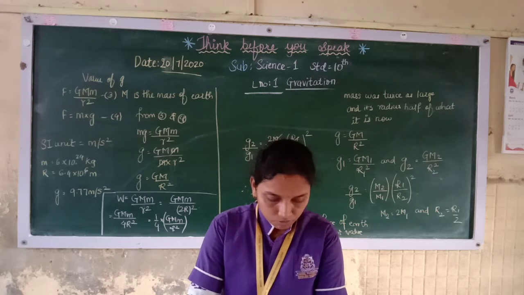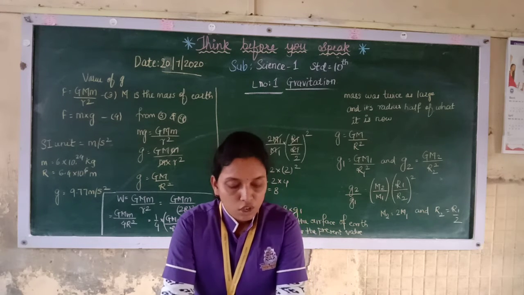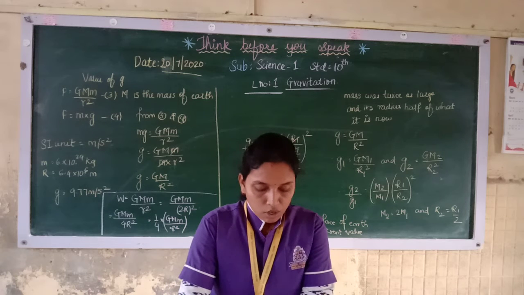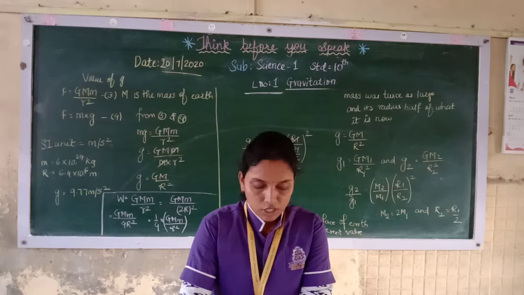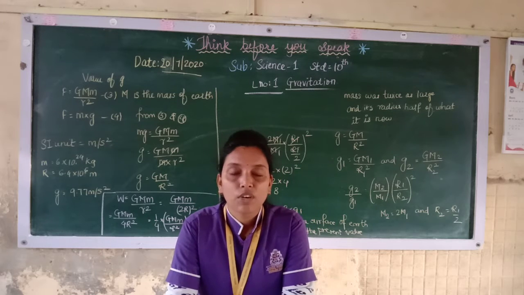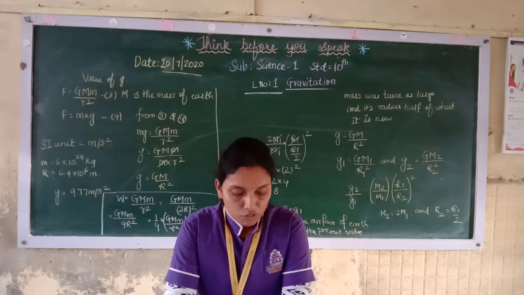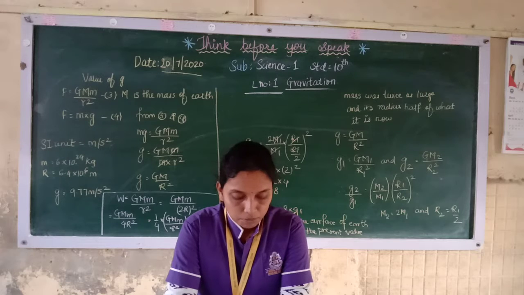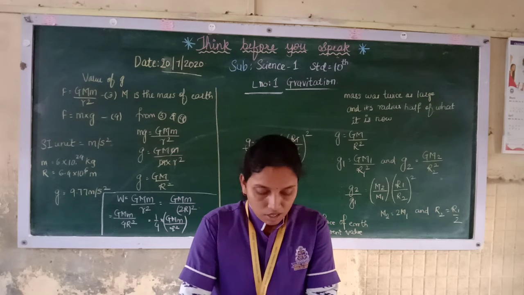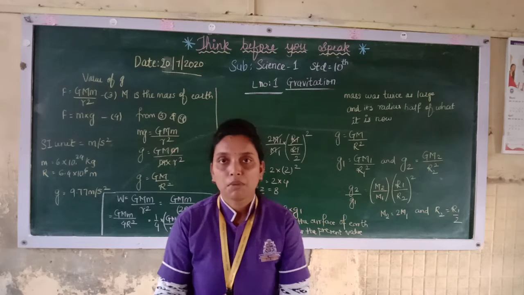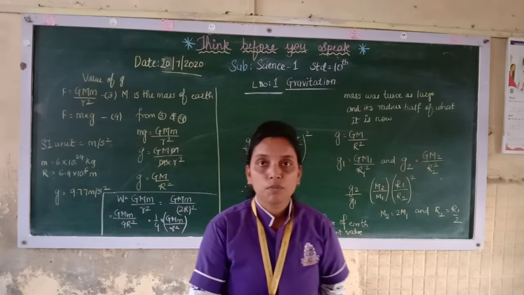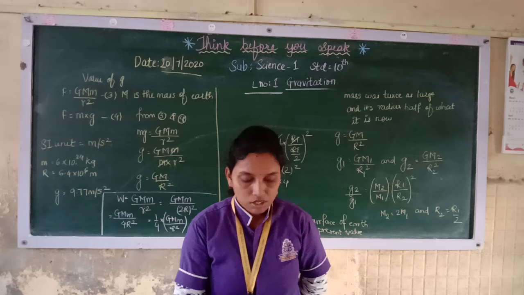Further, we had seen Newton's law of gravitation, where the formula for gravitational force was F is equal to G into m1 into m2 upon d square, where m1 and m2 are the masses of the two objects and d is the distance between them.